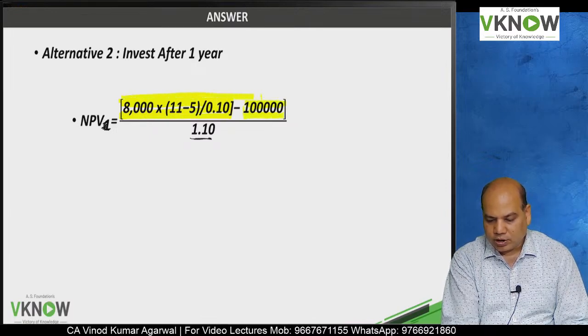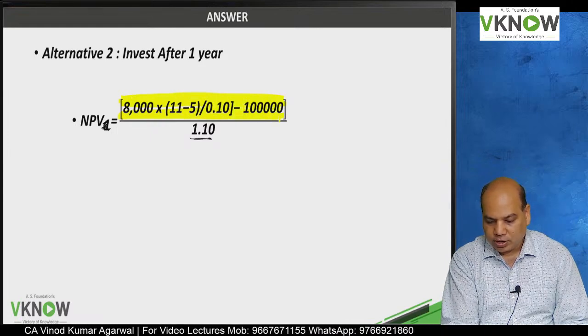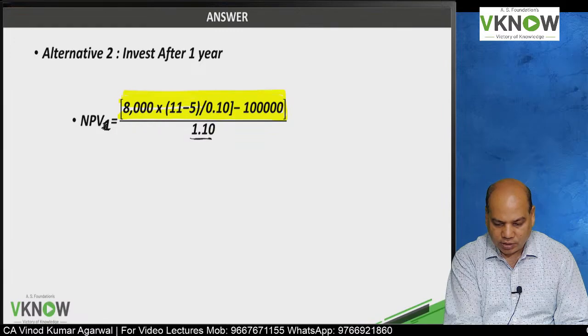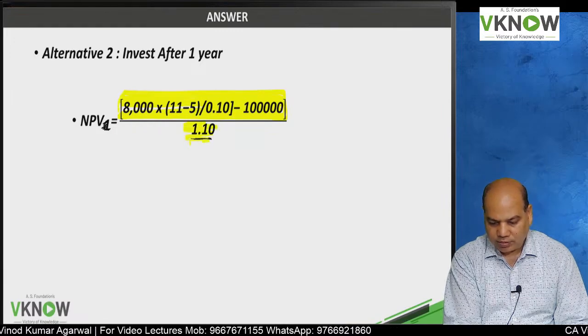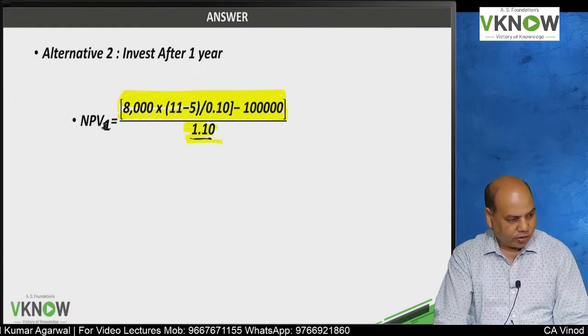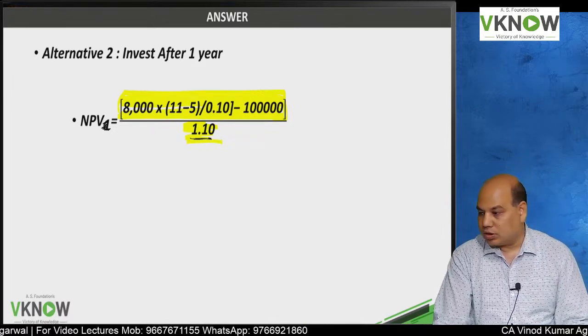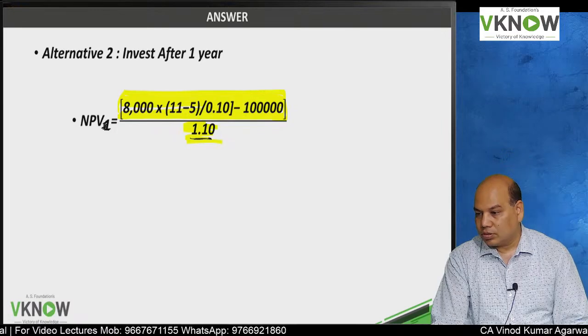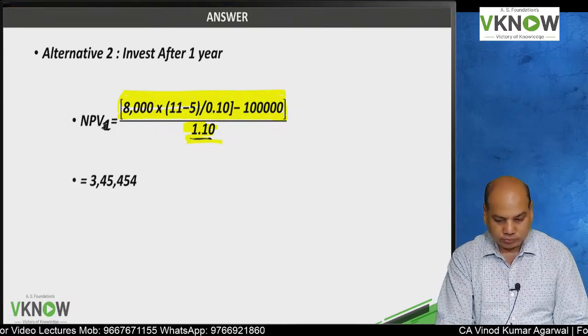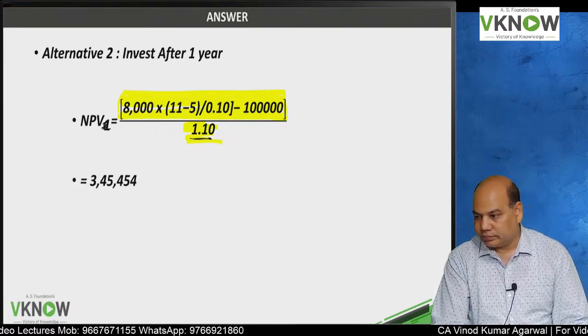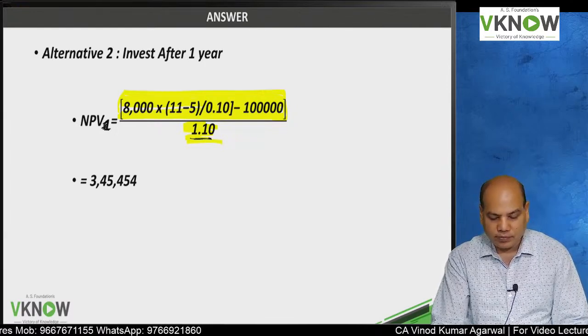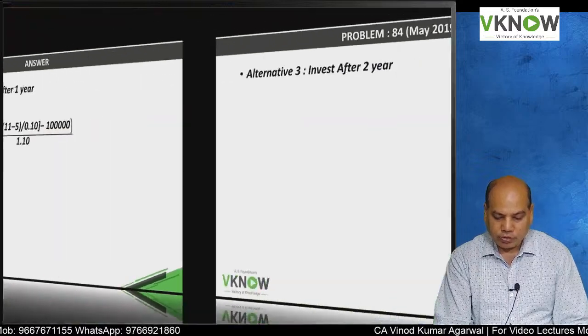The numerator will give me NPV at the end of year 1 discounted by 1 year factor. So what is the answer now? Check the answer please. 345, 454.